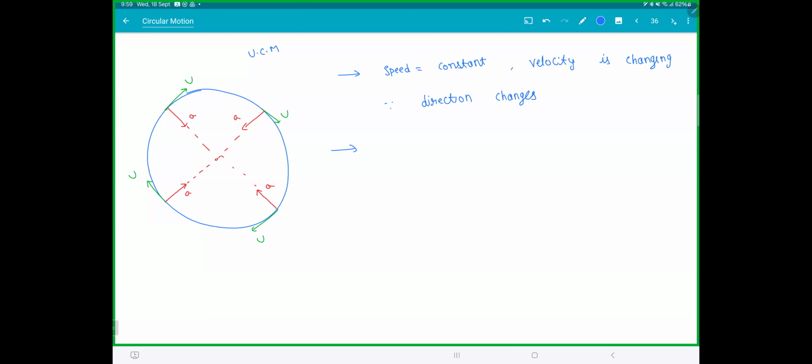Second thing, if you look at the acceleration, even the acceleration is changing. Why? Look at the direction. The vector's direction is changing continuously. Acceleration is also changing. Why? Again, the direction is changing. Magnitude remains constant. We'll prove that.